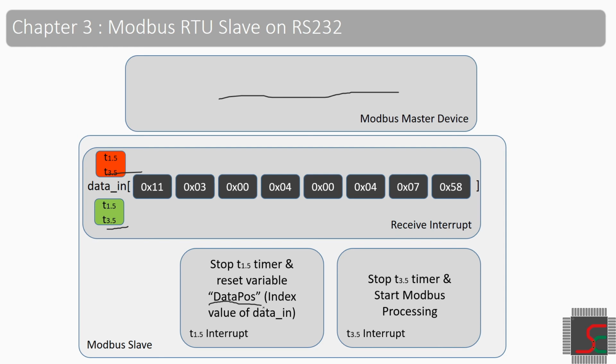So we will recalculate the CRC for the remaining bytes and compare that recalculated value with the CRC sent by the master. If they match, we will process the Modbus frame, else we will dispose of that frame. In this way, the concepts are implemented.